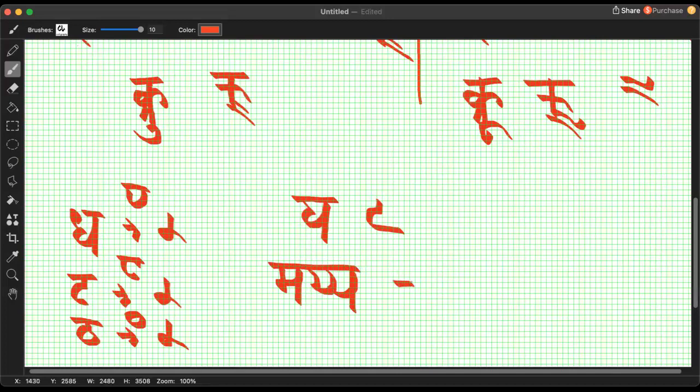So what happens to this word is, first I'll write ma, and then ya. First I'll write ya, and the other ya I'll just write it like this. Okay, this is not a bend or curve, it is a small line and a curve, slightly extended.